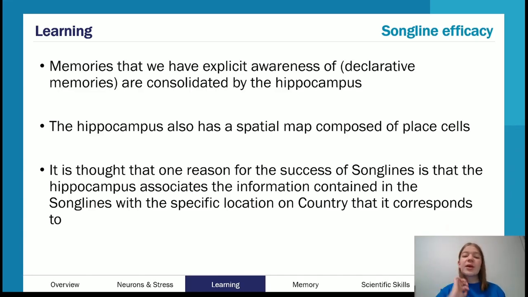As mentioned, the hippocampus has a spatial map composed of place cells, and when someone is repeatedly using and accessing this, we can strengthen that layout as well. We know that, for example, taxi drivers who have learned a really large network of streets have an enlarged area for it.